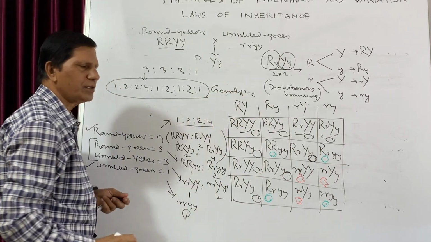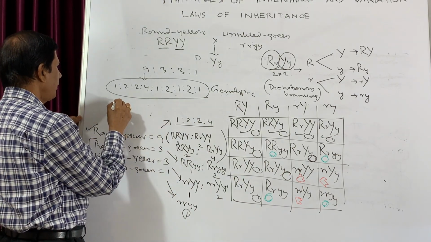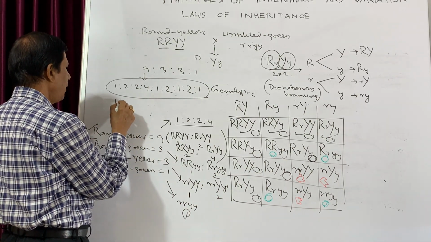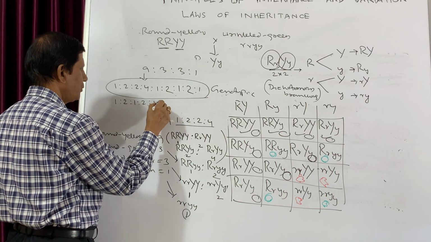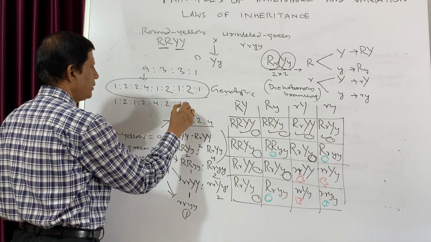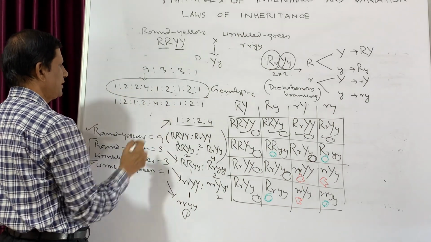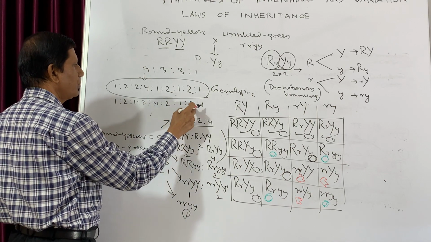This is the genotypic ratio, which for easy remembering we usually say 1:2:1, then 2:4:2, then 1:2:1. Easy to remember. That means we just reshuffle slightly. So 1:2:1, 2:4:2, 1:2:1.